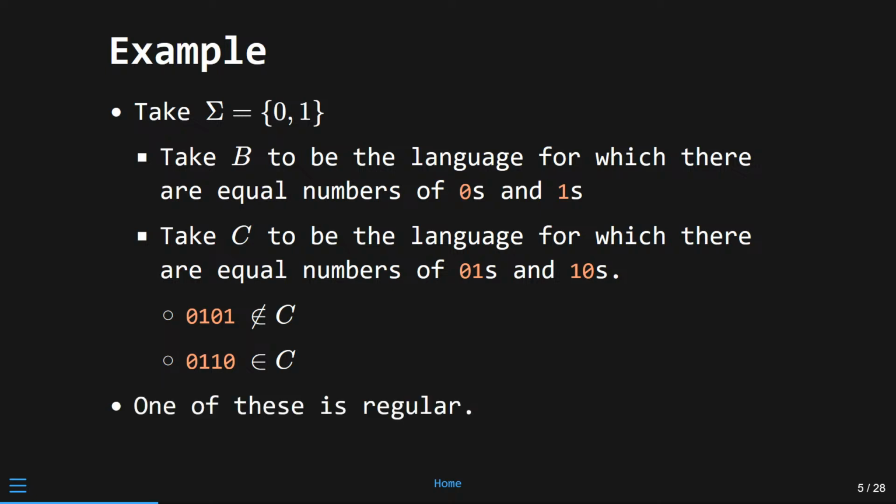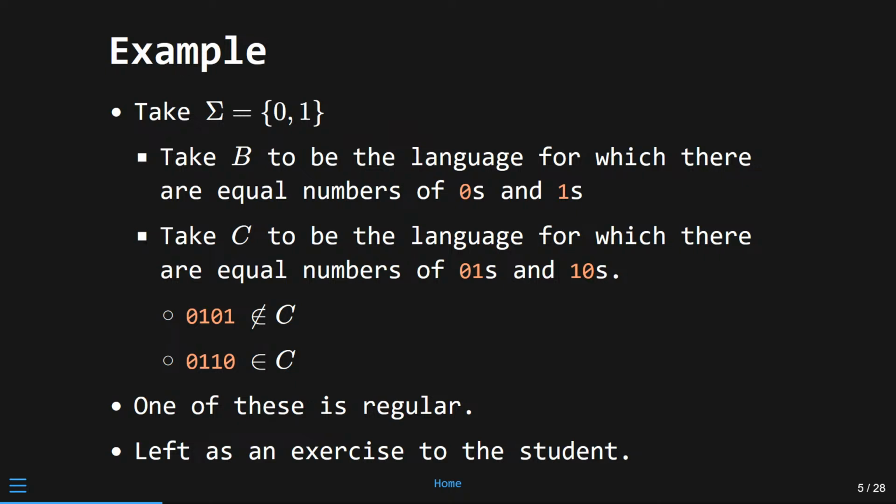One of these is regular. Good luck. You can figure it out. So one of these is regular. Do you know which one? Yeah, first one. Okay. If you're sure, write that down and we'll come back to it later.